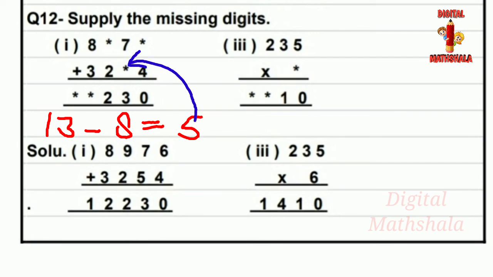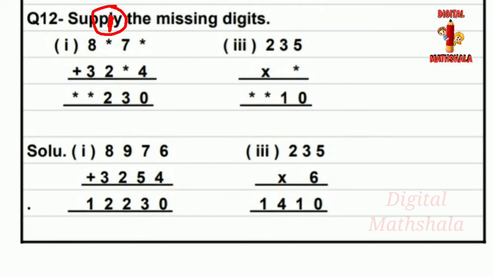So if we add 5 to 8, we will get 13, and carry will go to the 100 place. Now one carry and number 2 is there, it means total 3 we have. So what will we add to 3 so that we get 2 as the answer?